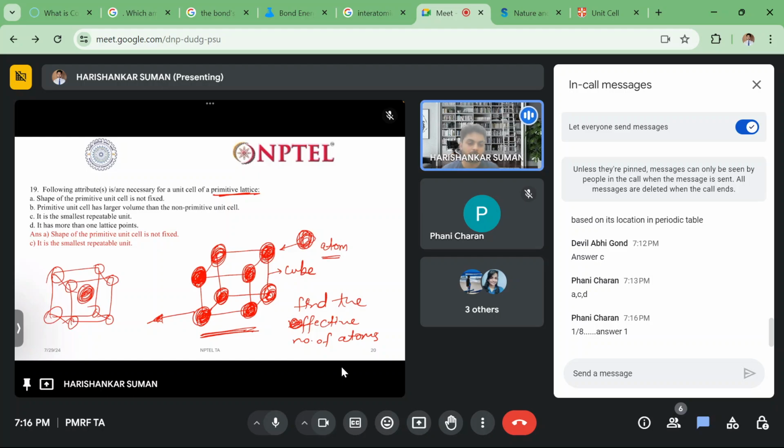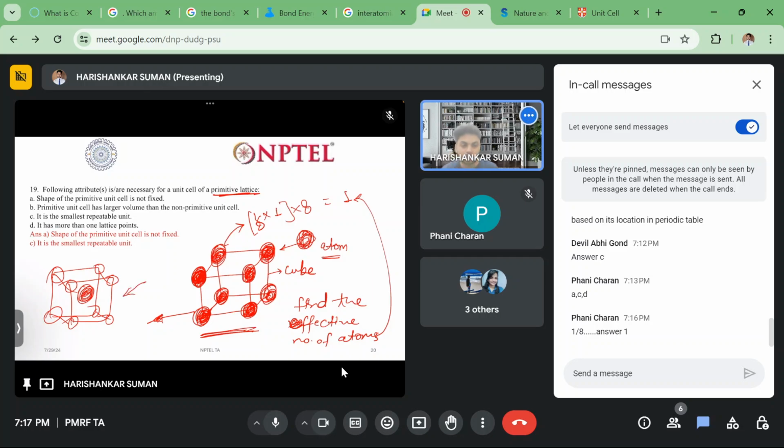At the corners, the contribution is 1 by 8, so the answer is 1 by 8 into 8 corner atoms, which should be 1. This is the number of effective atoms.